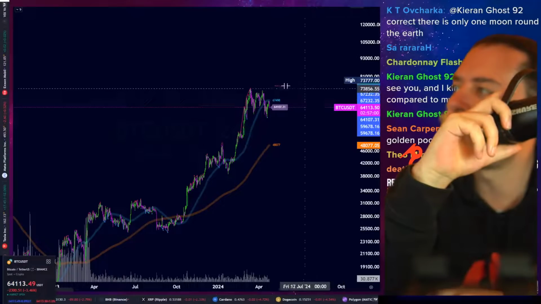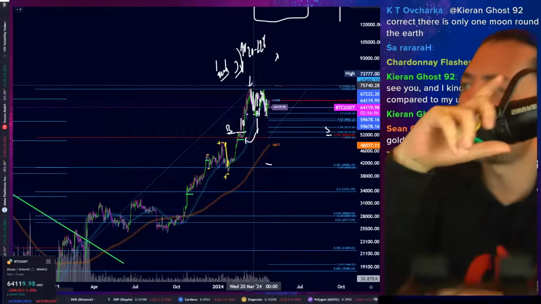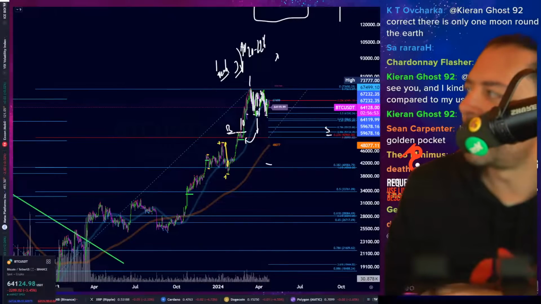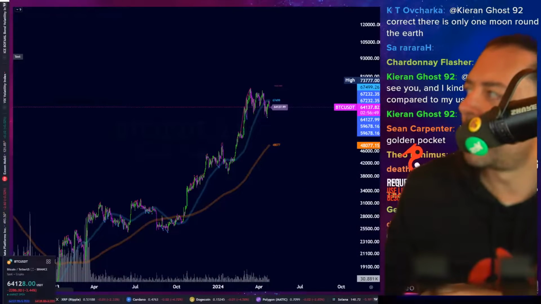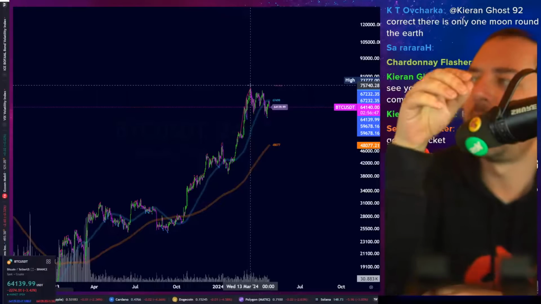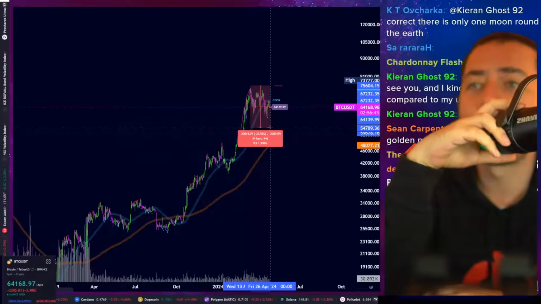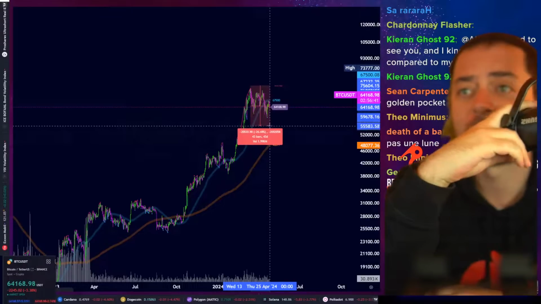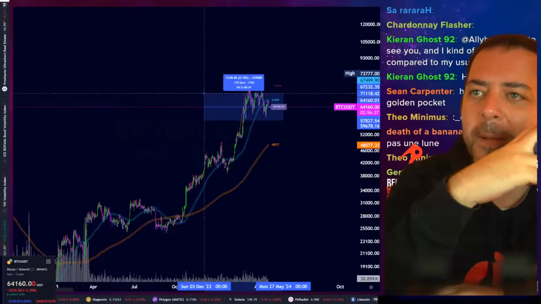And you can see that there was a high here. Oops, that's going to mess everything up. You can see there was a high here, and it's been 44 days since the high. Or 42 days since the high, something like that.